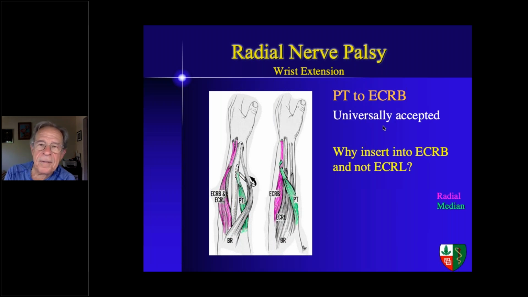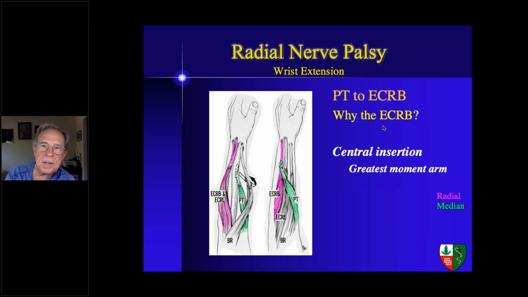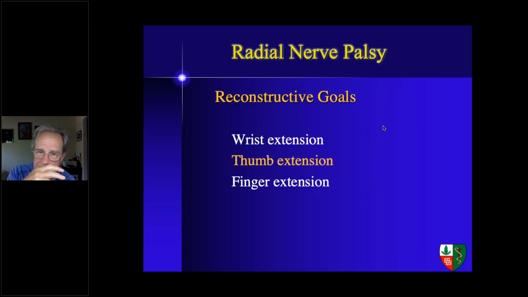So we've already sort of answered why insert it into the ECRB and not into the ECRL. And the answer, as was mentioned, is because the ECRL is a radial deviator as well as a wrist extensor, and you don't want radial deviation of the wrist. So we choose the central insertion because it has the greatest moment arm for wrist extension, and that is the ECRB.